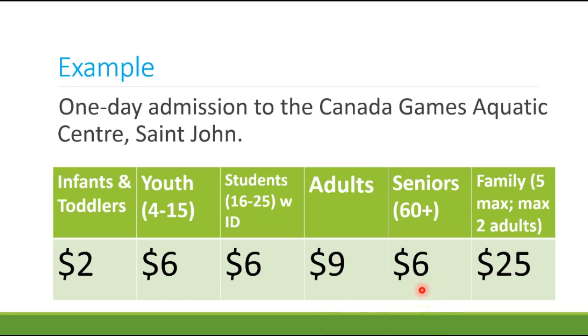So it's charging a different price to seniors than it is to younger adults, but it will charge a lower price to students, who it also considers to be adults, but a somewhat different category. I suppose the idea is that students may not have full-time jobs, so they've got less income and less ability to pay. The same would hold for children as well.